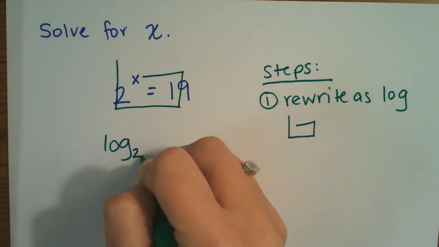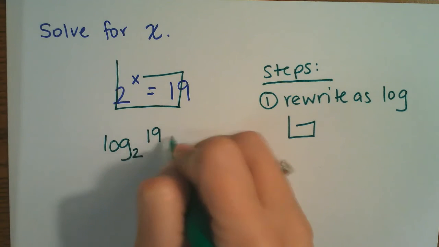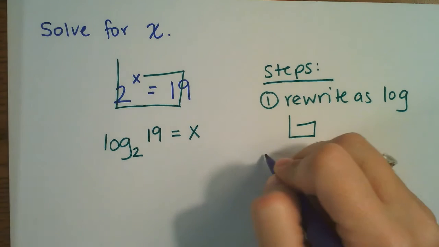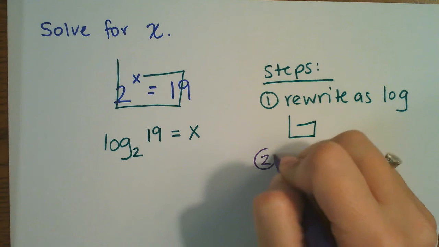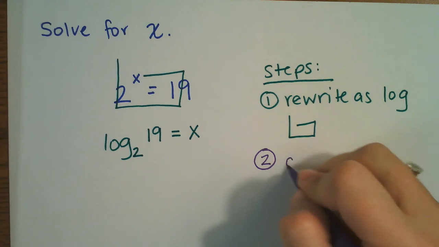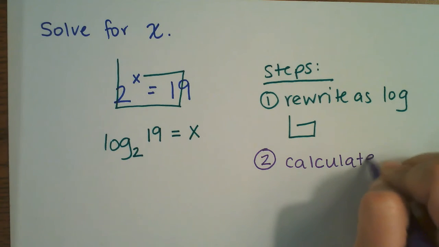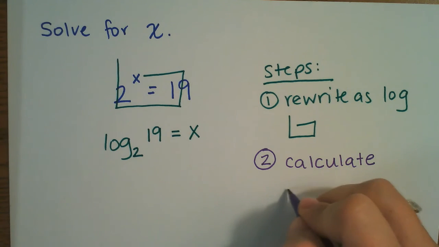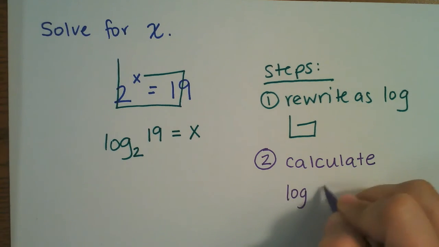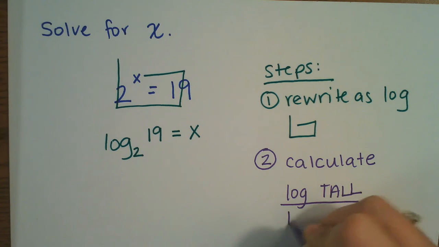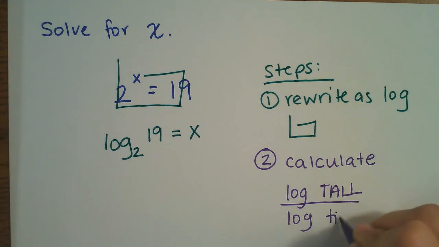Log base 2 of 19 equals x. Going too fast. Oh, okay. We're going to calculate log of the tall over log of the tiny.